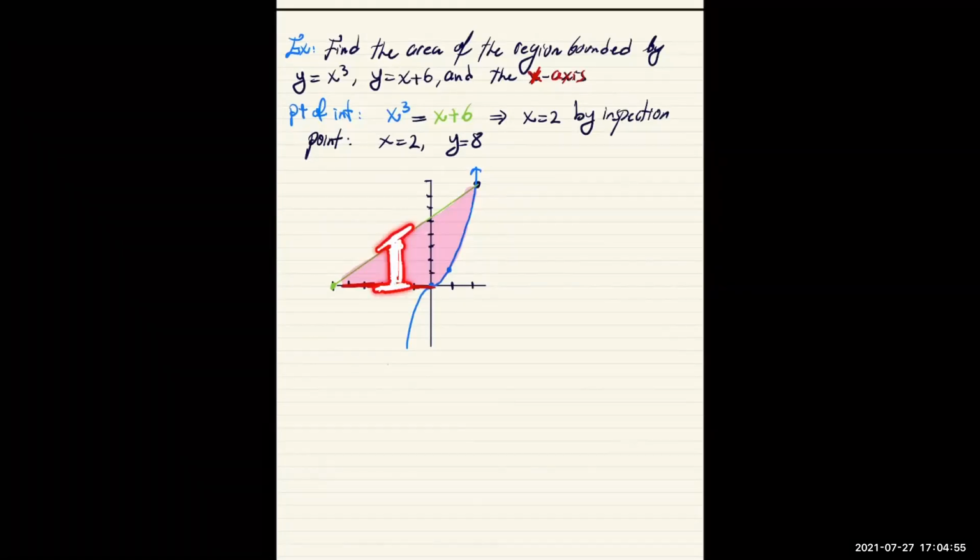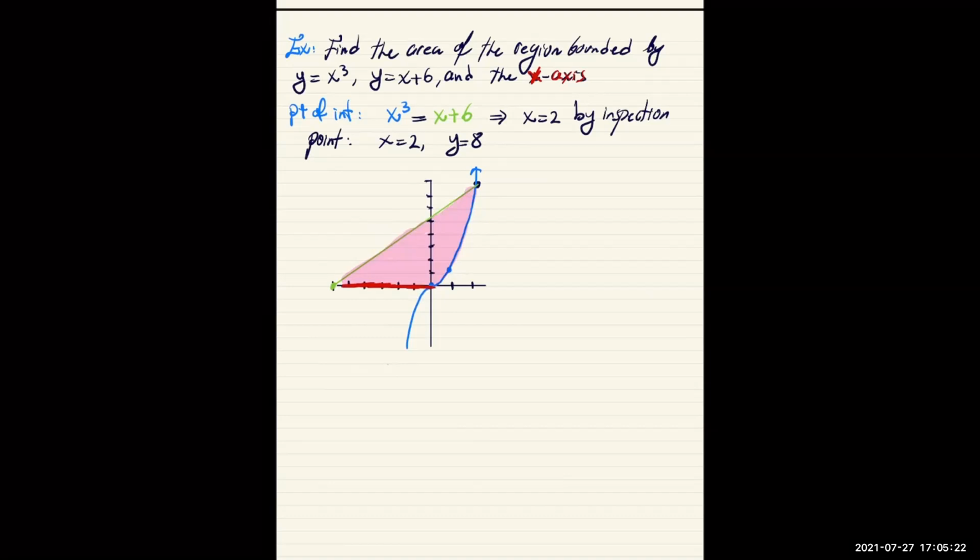But if I draw a rectangle right there, top is the green graph, but the bottom is the blue graph. The bottom boundary is not consistent. So for this type of integration, you have to set up two integrals. Integration with respect to x requires two integrals.